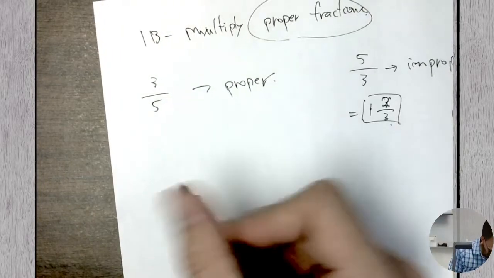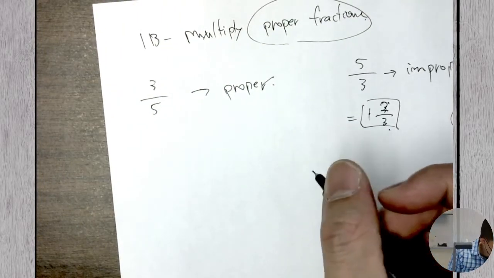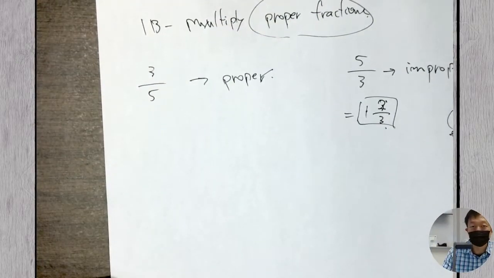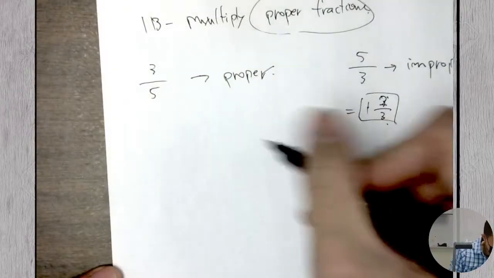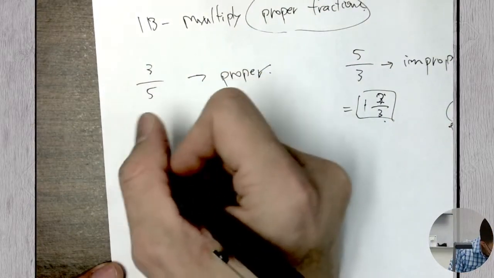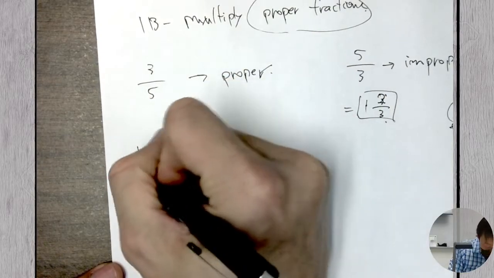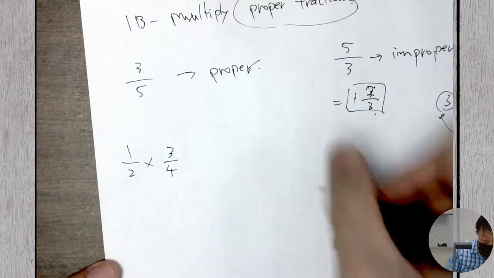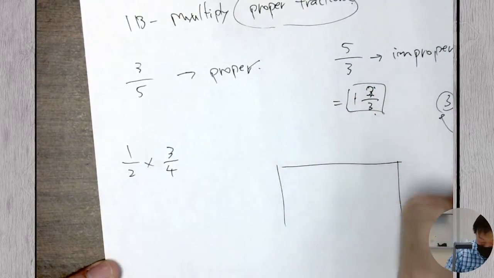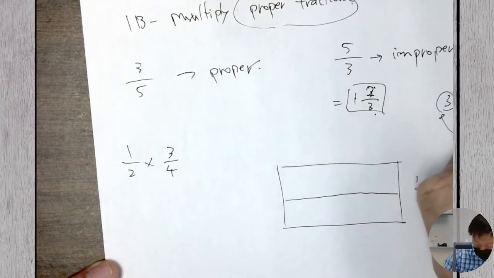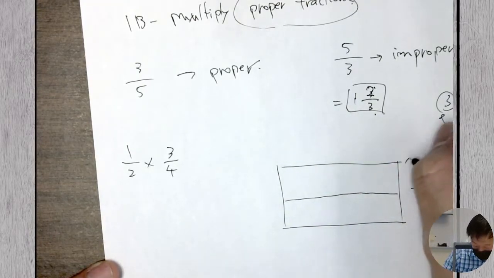If I take another proper fraction and multiply them together, I'm going to show you how it looks on the graph and then how to do it mechanically. All right, so how we do it on a graph, say for instance, 1/2 times 3/4. Okay, so as a graph, this is how it looks. So I'm going to say it's 1/2 over to this side.